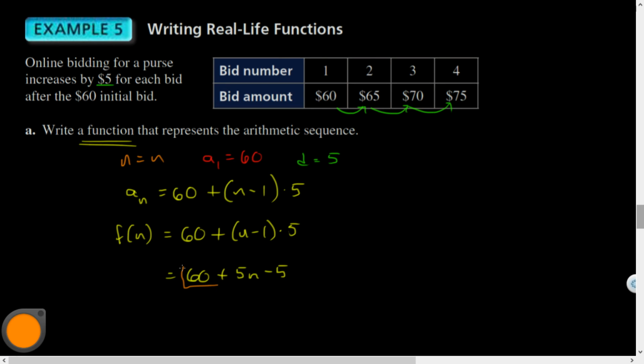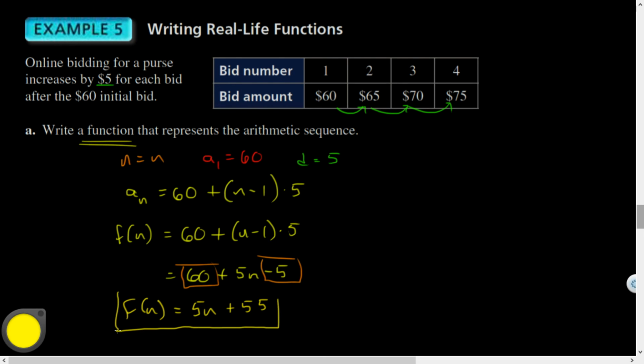Combine like terms. So f of n is equal to, and I'll put the variable first, I like that, 5n, and 60 minus 5 is plus 55. And so here is a function for the nth term in the list.